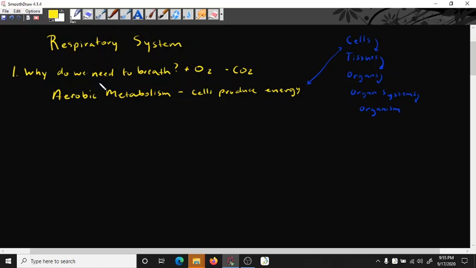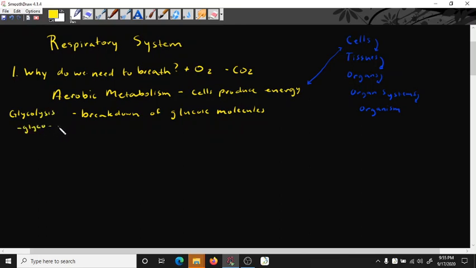And all this aerobic metabolism is the breakdown of glucose molecules. And this term is what we call glycolysis.